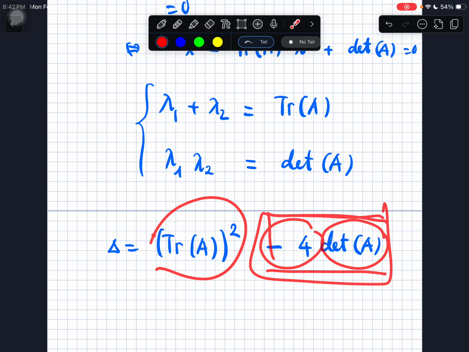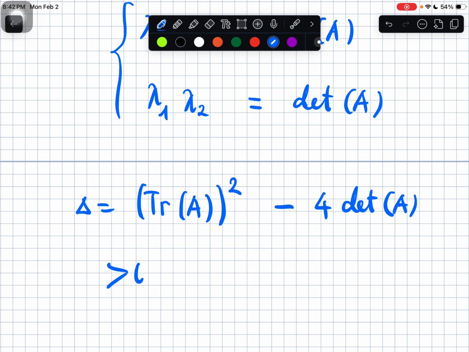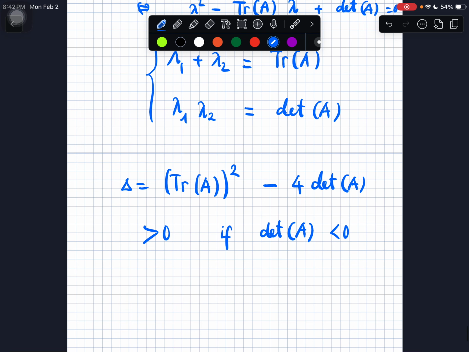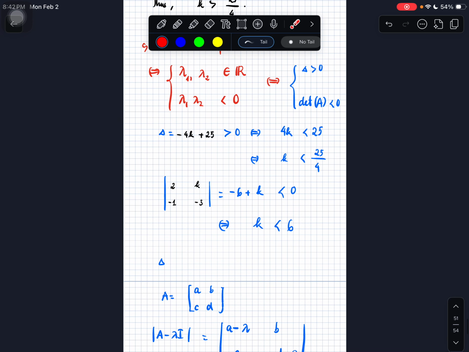Positive plus something non-negative, so this is always positive if the determinant of A is negative. So you see that if we have the condition determinant of A is negative, then we have delta bigger than 0 for sure. So that's why this condition is stronger than this.